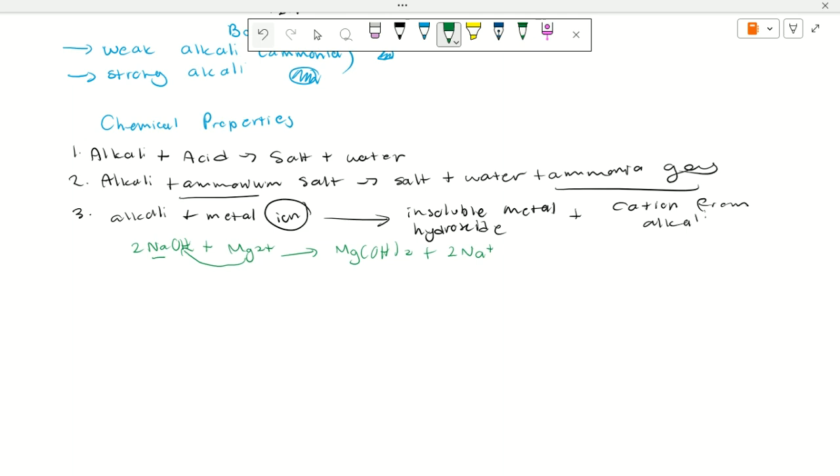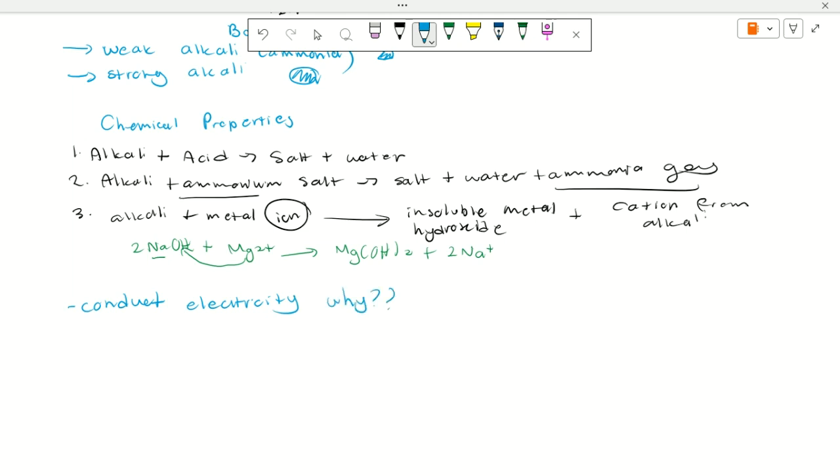And then we're gonna talk about this. Alkali can, what you call that? Alkali can conduct electricity.